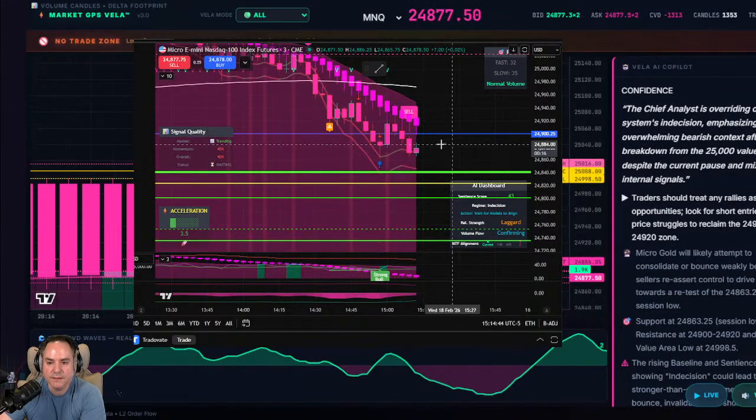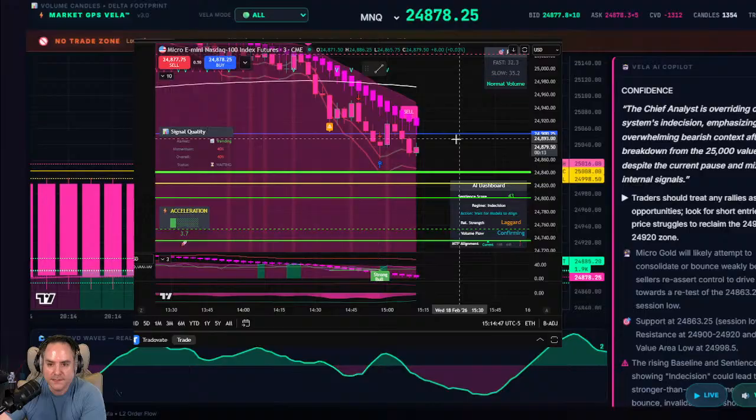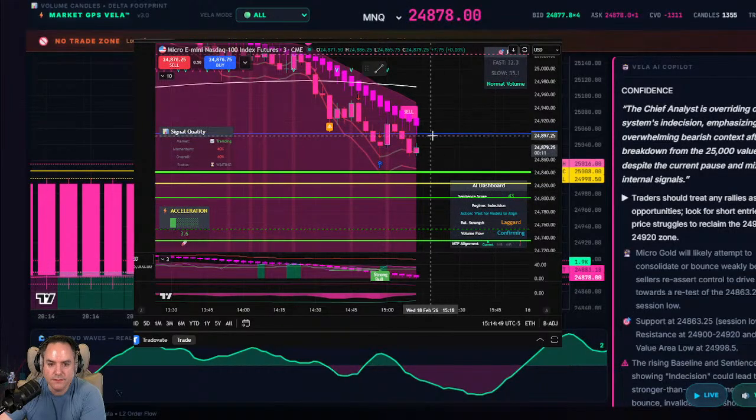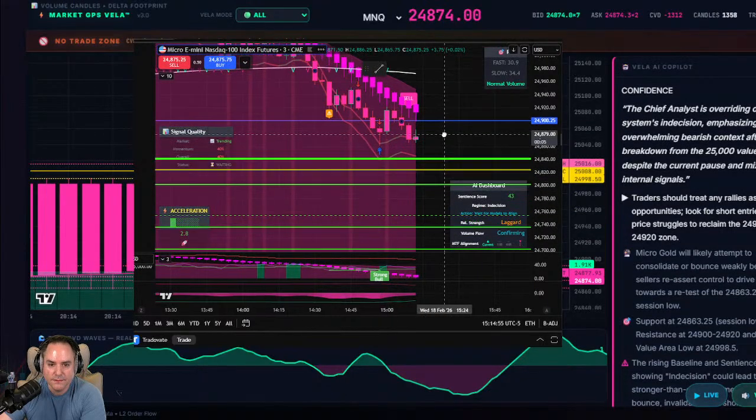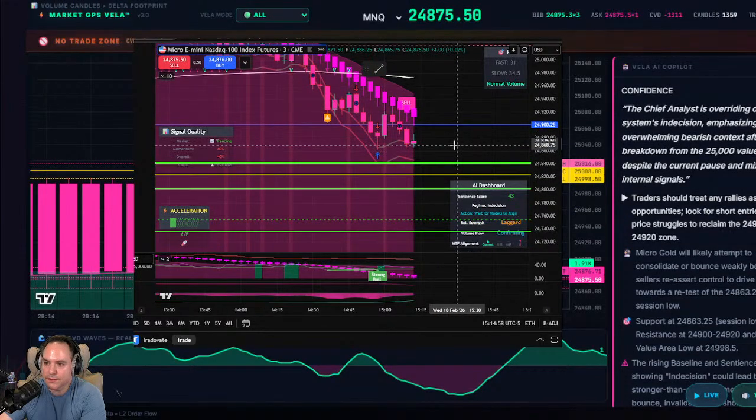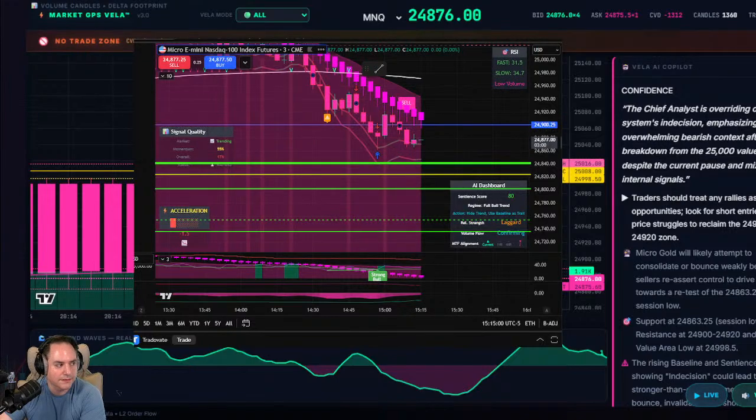All right, so if the price comes back up here at 2490, could be another short opportunity. Not going to short down here. I want to wait for that bounce to hit the short. So we're in a no trade zone, and that's what Vela is telling us in the dashboard.